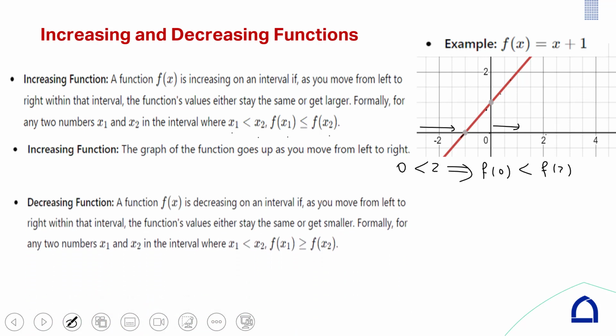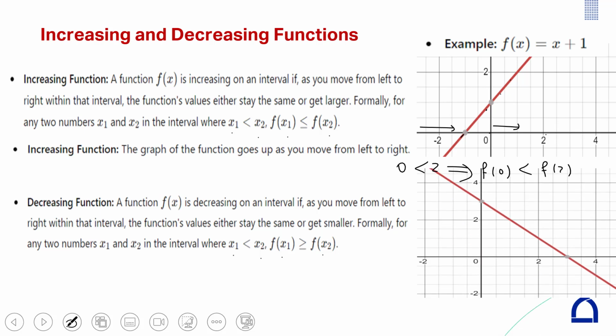For the decreasing function, when you have x1 less than x2, f of x1 is bigger than f of x2. Like this case, from left to right the graph is going down, so it means it's decreasing. Or take x equal to 0 and x equal to 2 or 3, it doesn't matter.